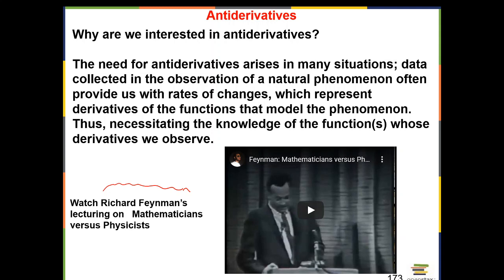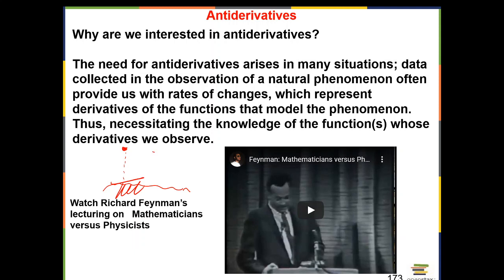So the need for antiderivatives, of course, arises in many situations. In fact, in nature, we are given derivatives already. When you observe a phenomenon, for example, if you drop something from some height, what you observe is actually a derivative. So you can say how fast this thing is falling.